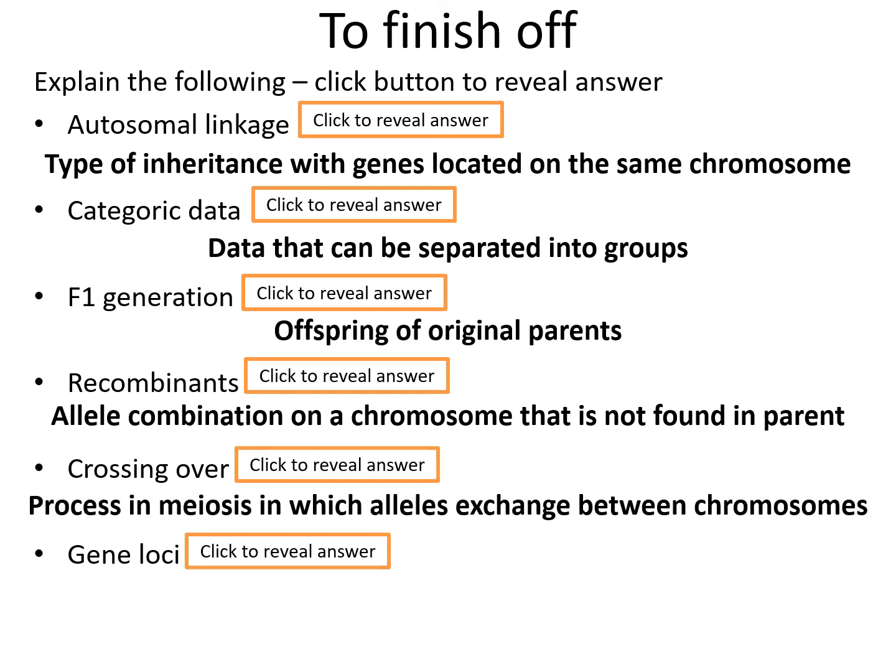Crossing over happens during meiosis, and it results in alleles being exchanged between chromosomes. Please don't say genes being exchanged. It's alleles for those genes that are exchanged. And finally, gene loci. A locus is simply a particular location of a gene on a chromosome. And that brings us to the end of the presentation on autosomal linkage.